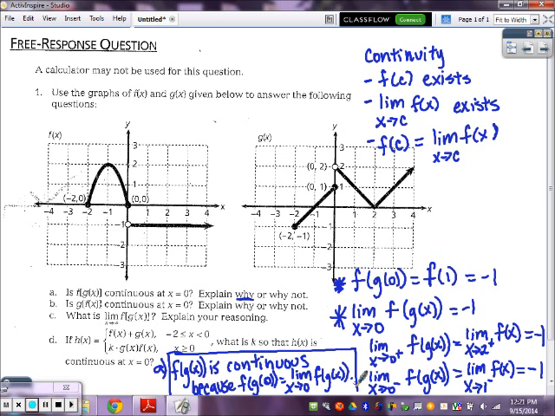So, is it continuous? Yes. Explain why. Because f of g of 0 equals the limit as x approaches 0 of f of g of x. And this work here would be what was necessary to support my answer.